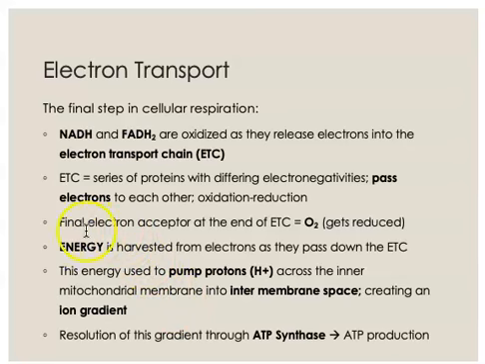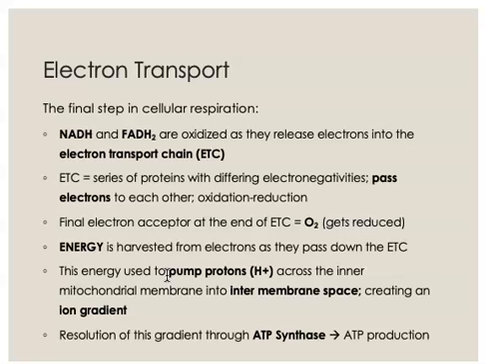So the energy that is harvested from the electrons in the electron transport chain will be used to pump protons across the inner mitochondrial membrane into the intermembrane space. So remember where we are in the mitochondria. We are inside the matrix.